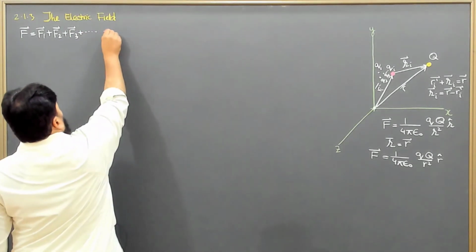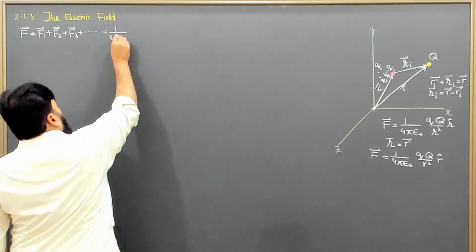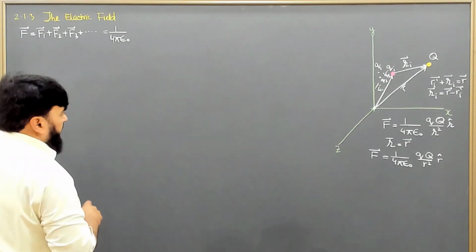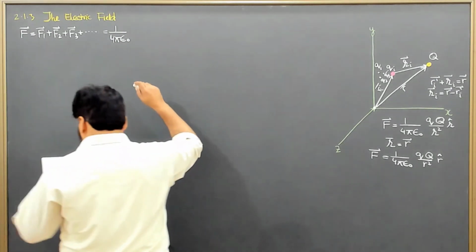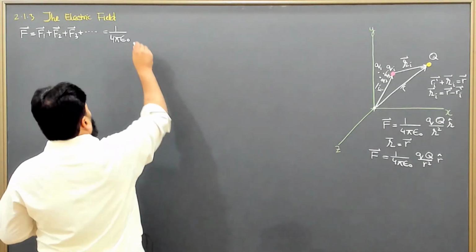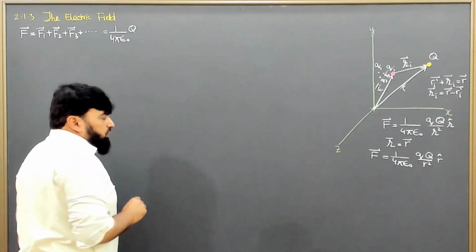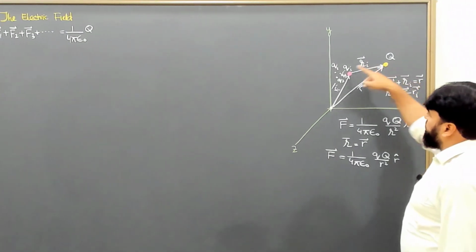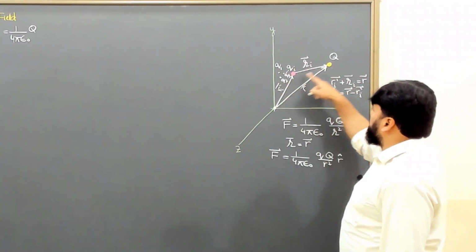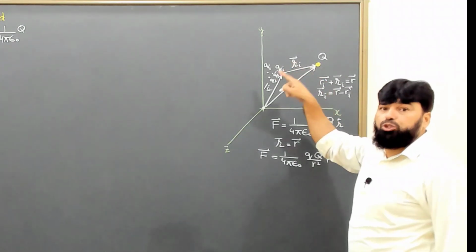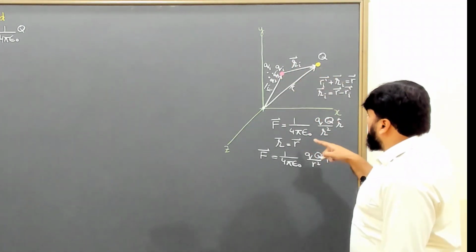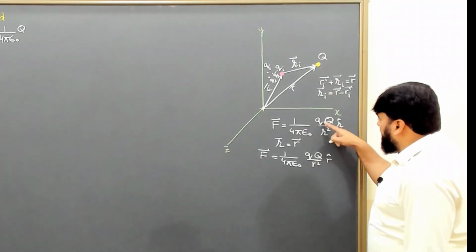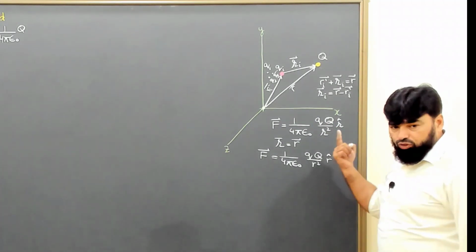And then this is equal, if I take 1 over 4 pi epsilon naught as common, then I will have Q, the test charge, which is common here, while then the interaction of this test charge with Q1, then with Q2, with Q3, and so on up to Qi, and their respective distances, because this will be Qi and this will be Ri and so on.